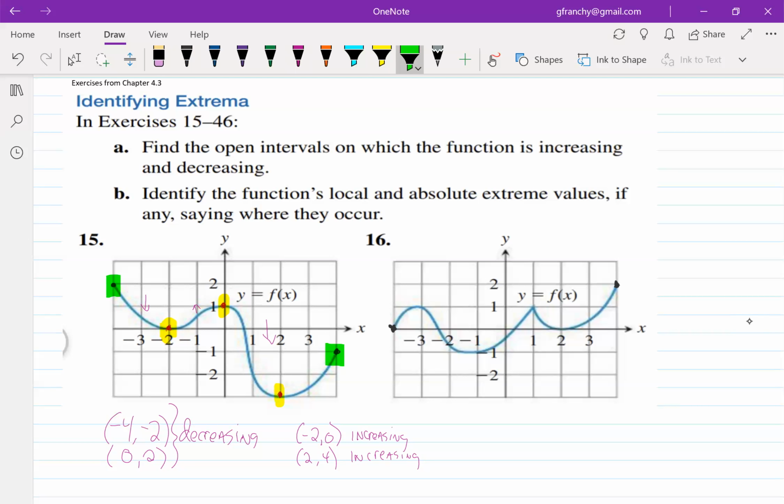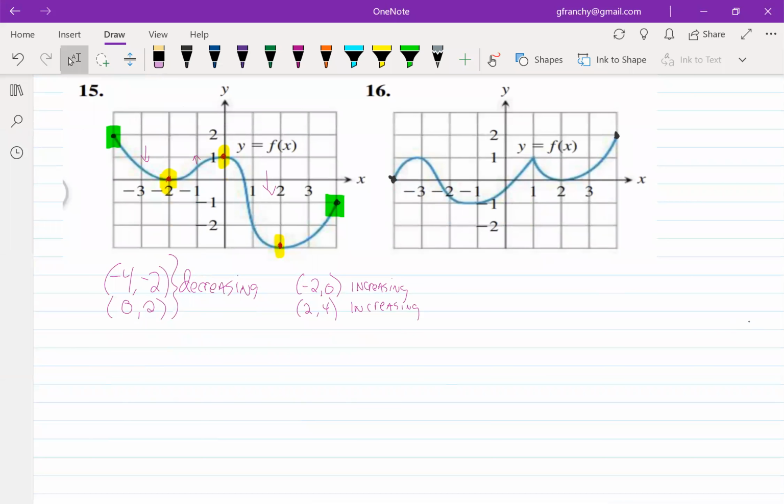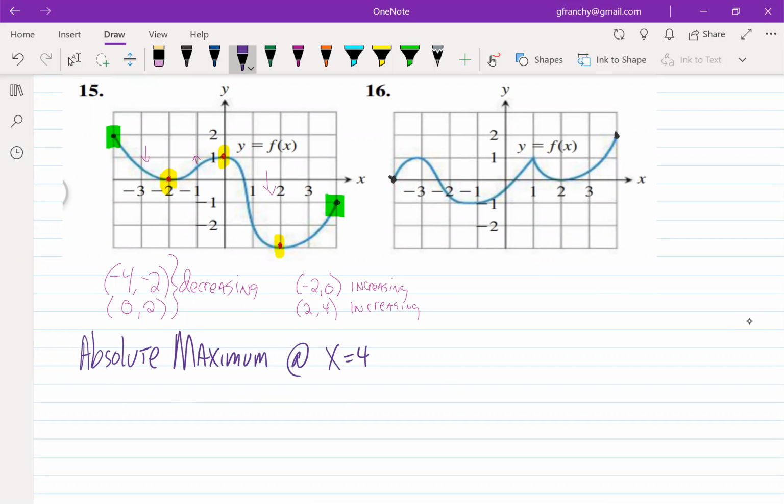So absolute maximum, absolute minimum, that's going to be where they are highest and lowest on our graph. And we have an absolute maximum at x equals 4.